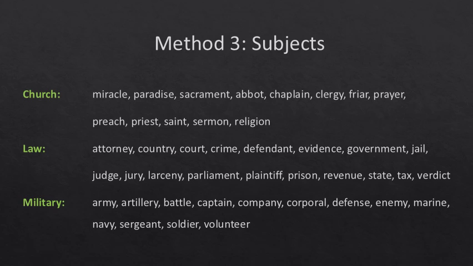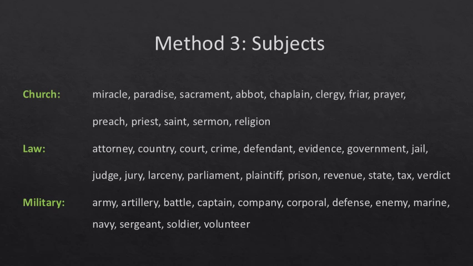So church words: paradise, sacrament, clergy, friar, sermon, religion. Law words: law, attorney. You can almost hear, I bet, the French in that, can't you? Crime, defendant, evidence, government, parliament. You see some of our spelling rules playing out right here, don't you?